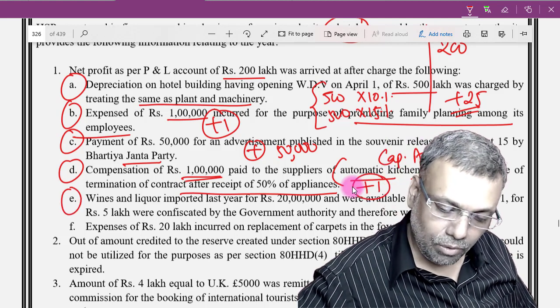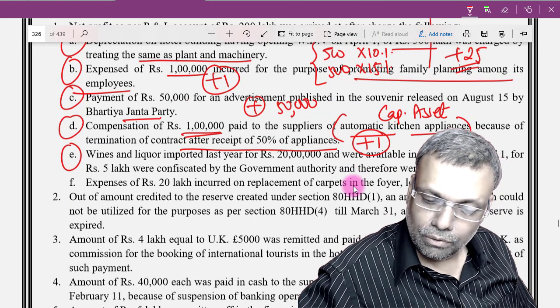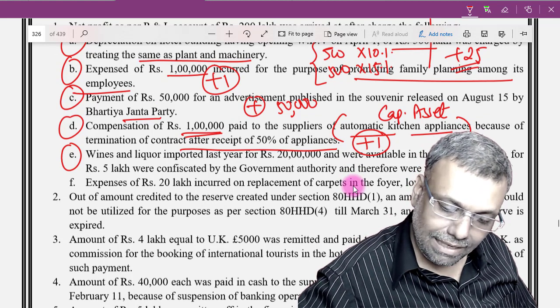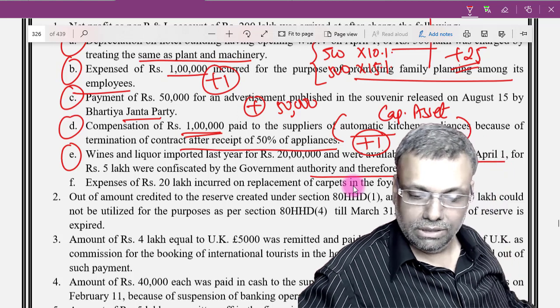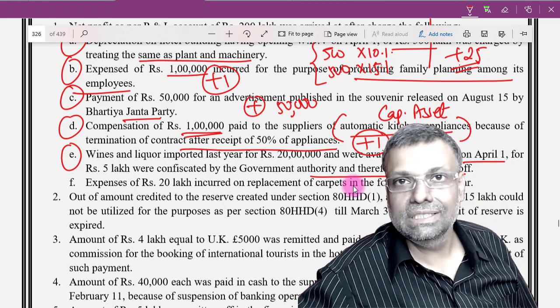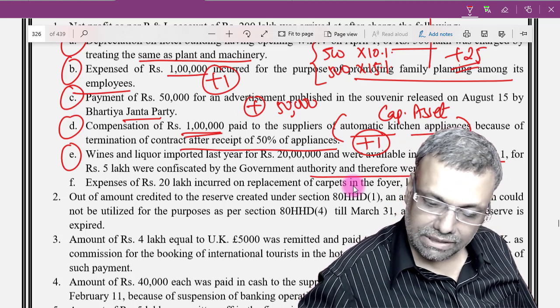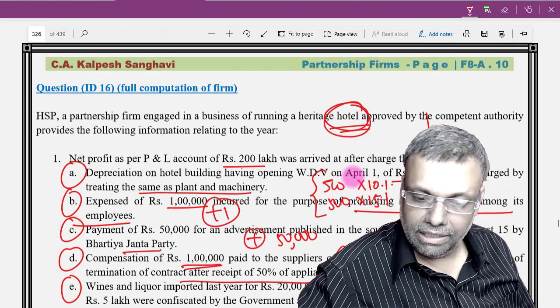Okay, not allowable. Point number E. Wines and liquor imported last year for 20 lakhs were available in stock till 1st April. 5 lakhs worth were confiscated by the government and therefore written off. So liquor and wine have been confiscated by the government, probably because of some rules. However, this is the business of running a hotel.